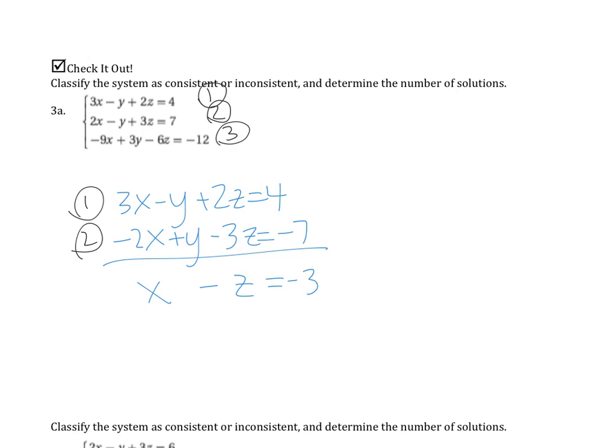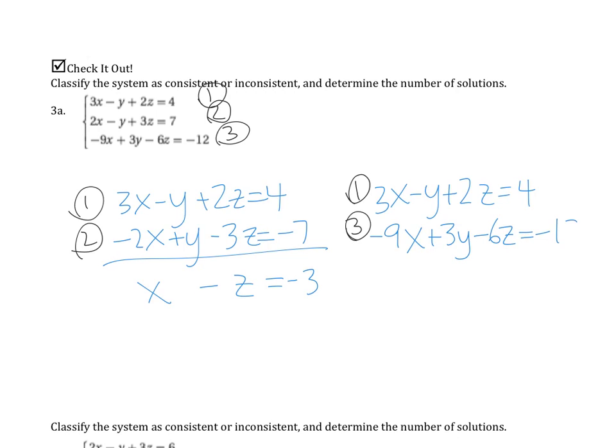And then I'm going to take equation 1 and equation 3 and multiply equation 1 by 3.